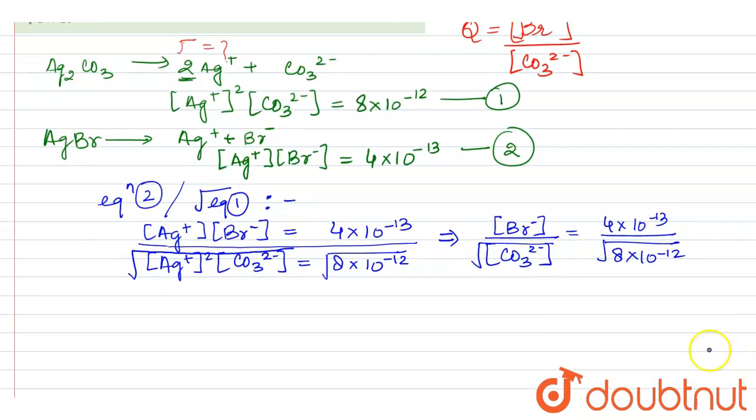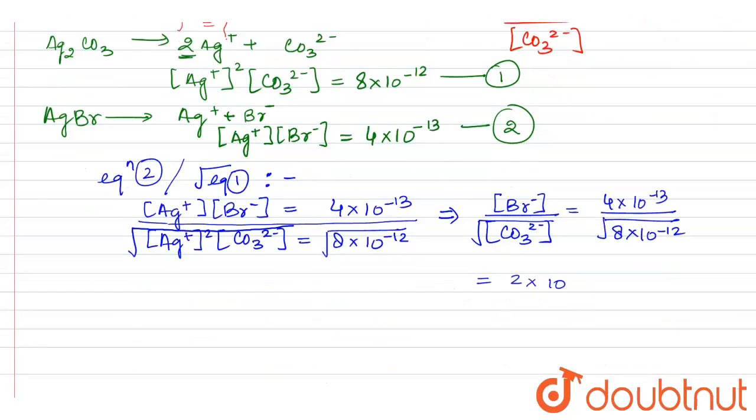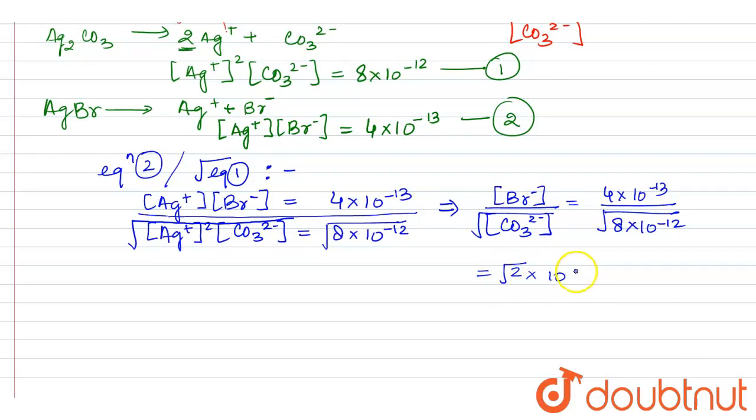After doing the basic calculation, we will get the value equal to 2 root 2 into 10 to the power minus 7. This value would come as the answer after calculation. Now here will be a basic calculation. We will calculate the value of root 8 and then root 10 to the power minus 12, and then they will be divided, and the final answer would come as root 2.